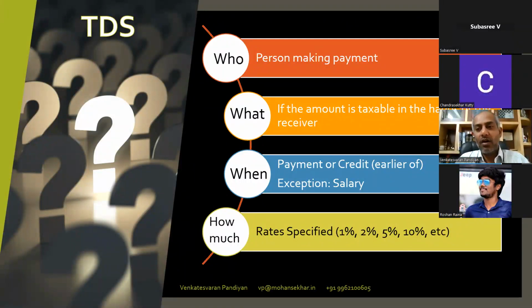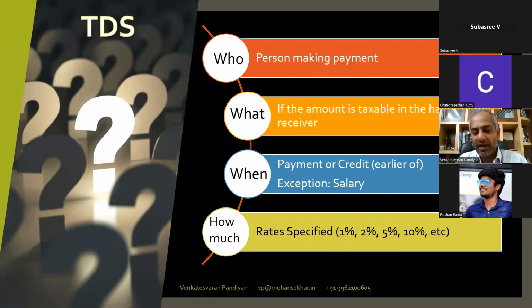And how much TDS do you deduct? It is always the rate that's specified in the provisions of the Act. Each section which deals with a particular payment also defines a specified rate at which TDS has to be deducted. For instance, it is either 1% or 2%. It varies from 0.1% and goes up to 10% in the normal cases.